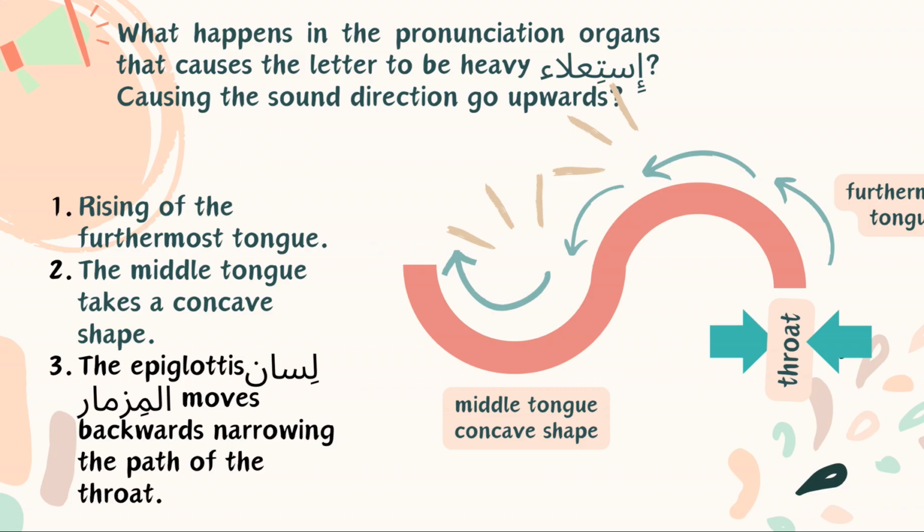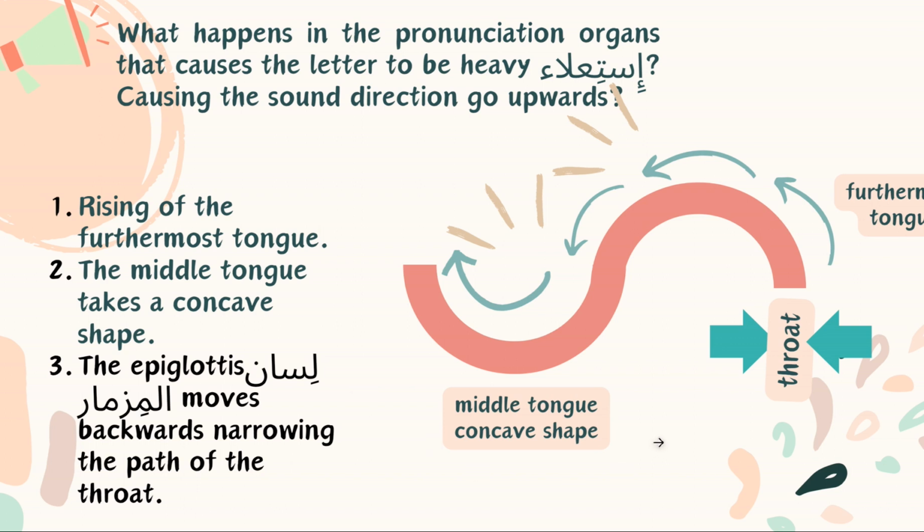These are the three main conditions for a heavy letter. The rising of the furthermost tongue, the middle tongue takes a concave shape, and the epiglottis moves backwards and it narrows the path of the throat.